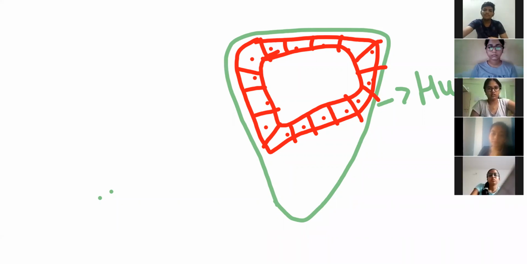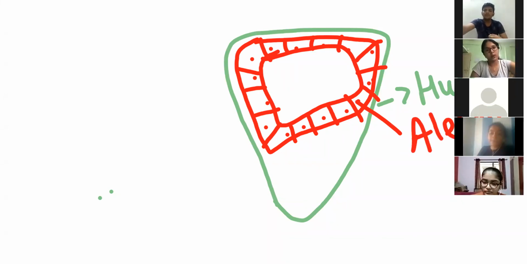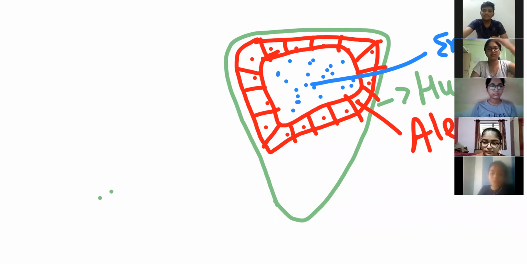Very good. This is the aleurone layer. Under the aleurone layer, in this region, what is present? Endosperm. Yes, endosperm is there.